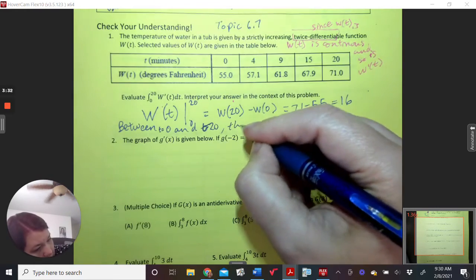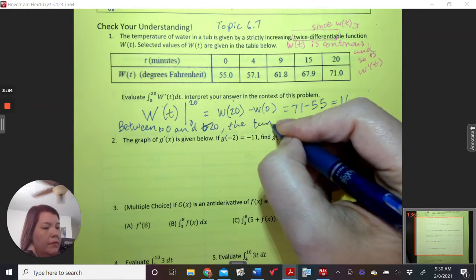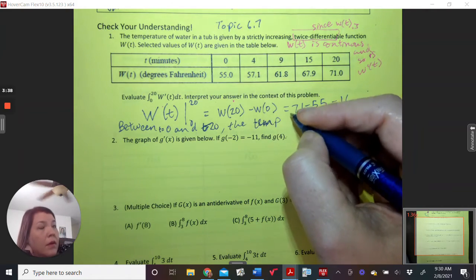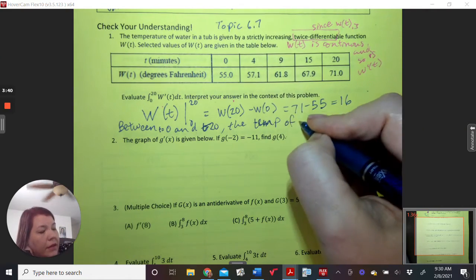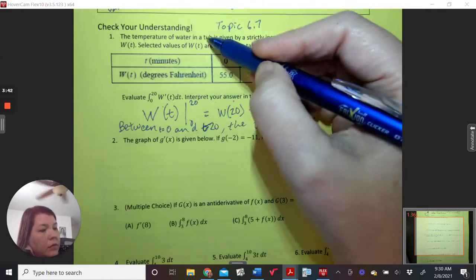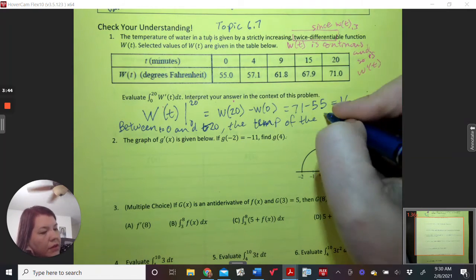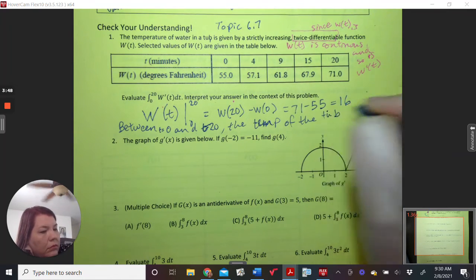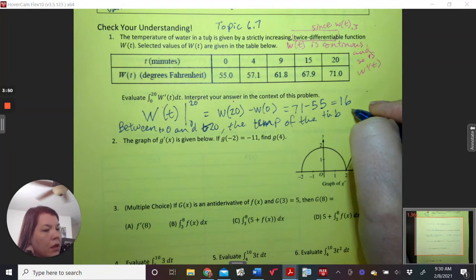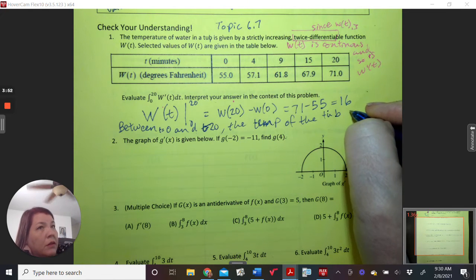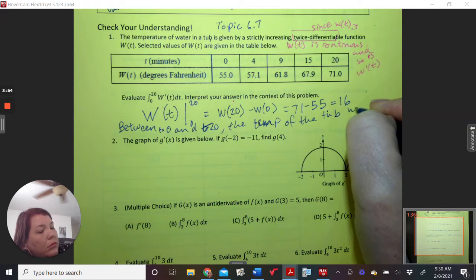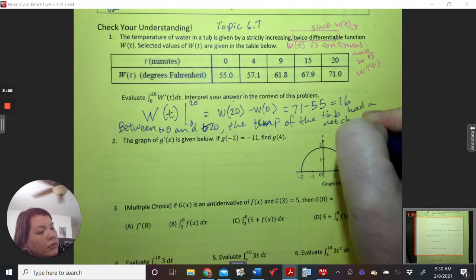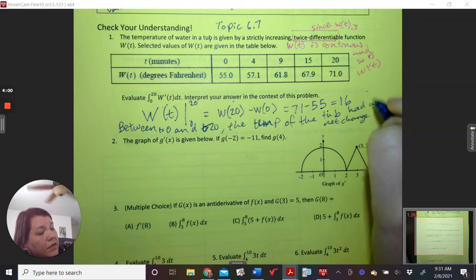The temperature of the water in the tub changes by a net change of 16 degrees.